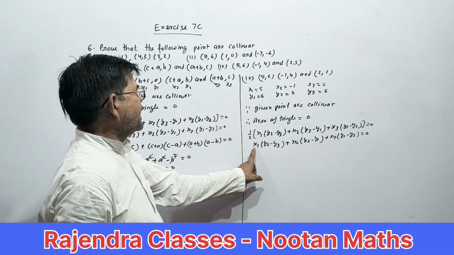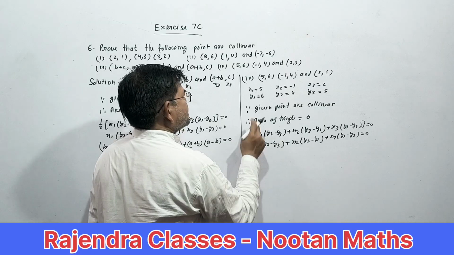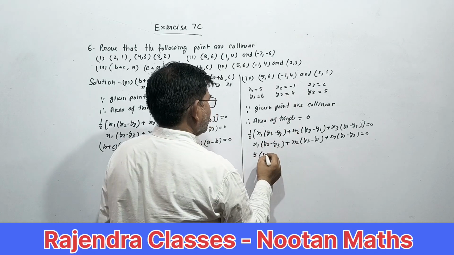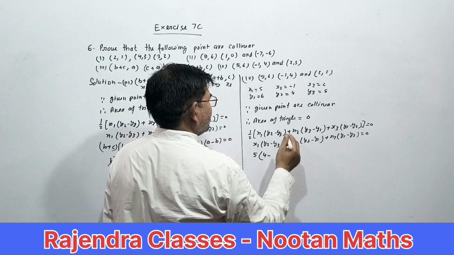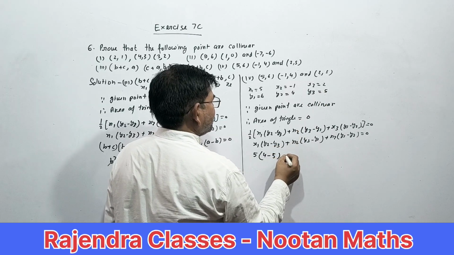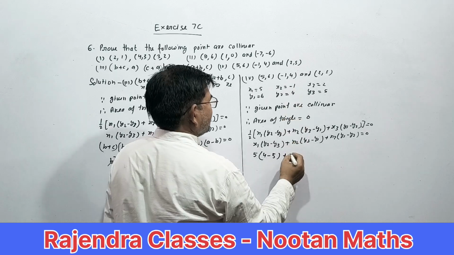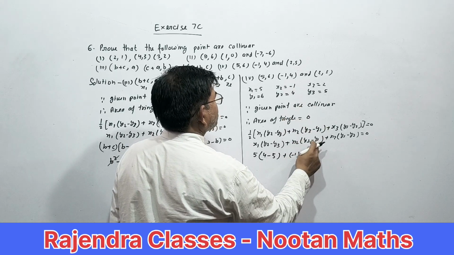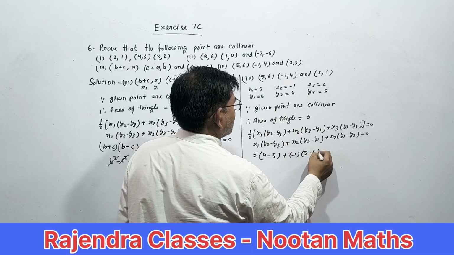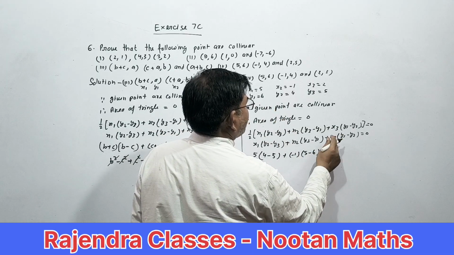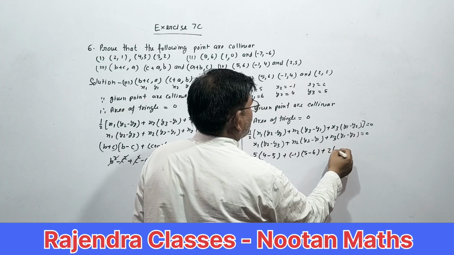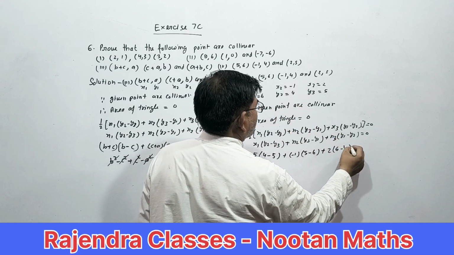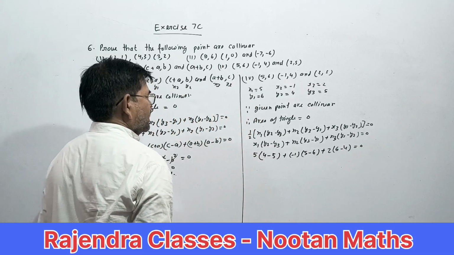We put the value of x1 from here. x1 is 5, write 5, y2 is 4 minus y3 is 5, we write 5, plus x2, x2 is minus 1 and y3 is 5 minus y1 is 6, plus x3 is 2, y1 is 6 minus y2 is 4 and equal to 0.